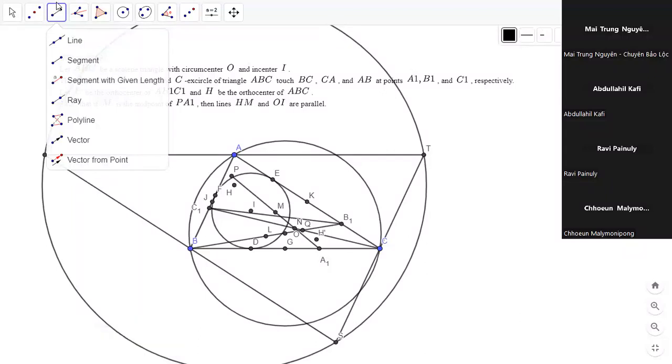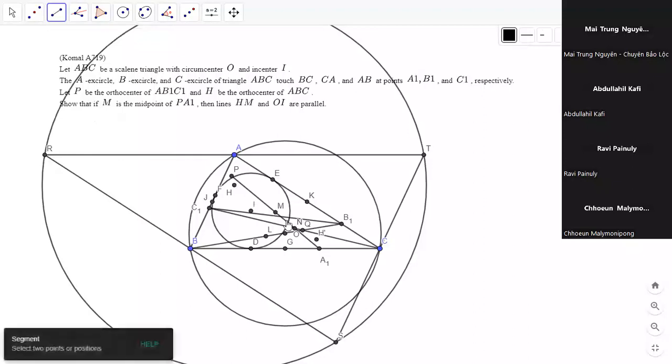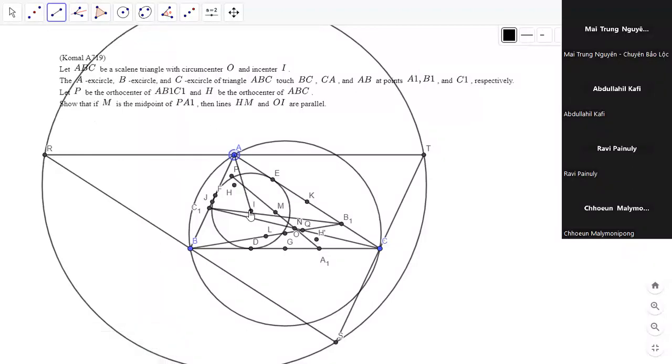Why is that? So then we have, because we know PH is parallel. Okay. We have that parallelogram.